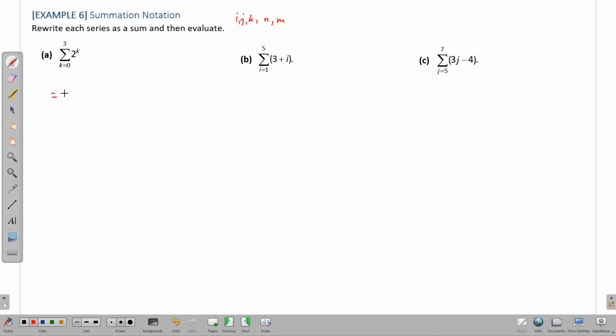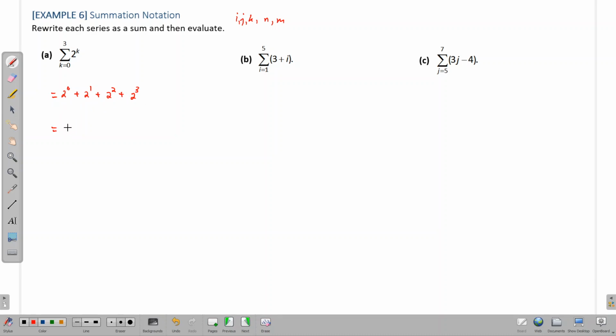Okay, so the first term would be 2 to the 0, plus, then we increment, 2 to the first, plus 2 squared, plus 2 cubed, and we stop there because the upper limit for the sum was 3. So this is expanding it out as a sum, and then if we evaluate it, we're just doing the math. We're actually simplifying it.